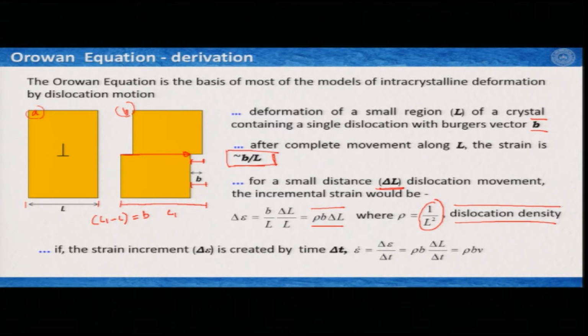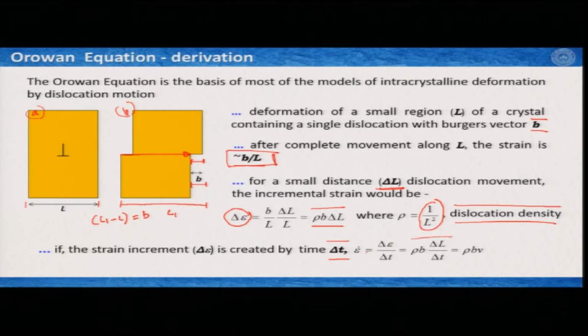These three are multiplied to each other. Now, if we have achieved this little strain through a time of very small delta t, then this epsilon dot, or strain rate, is delta epsilon by delta t.